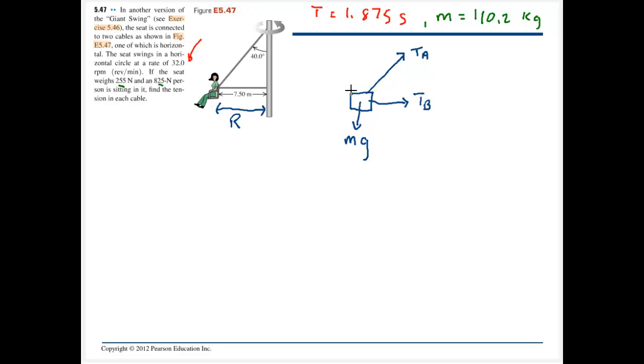Now that I have my free body diagram drawn and drawn correctly, I'm going to choose my XY coordinate system kind of the way that you would think. I'm going to have X going in that direction, Y going in that direction. So let me just go ahead and break tension A up into its two components. Tension A in the Y direction, tension A in the X direction.